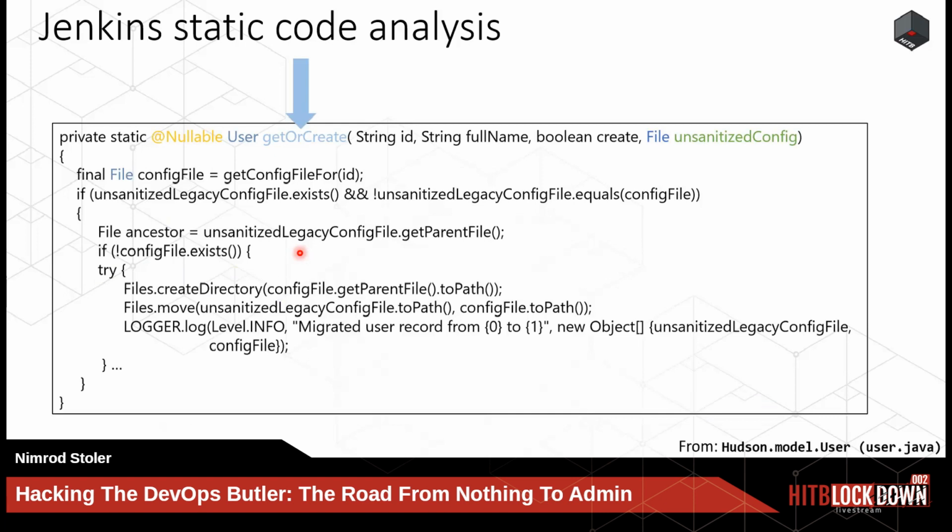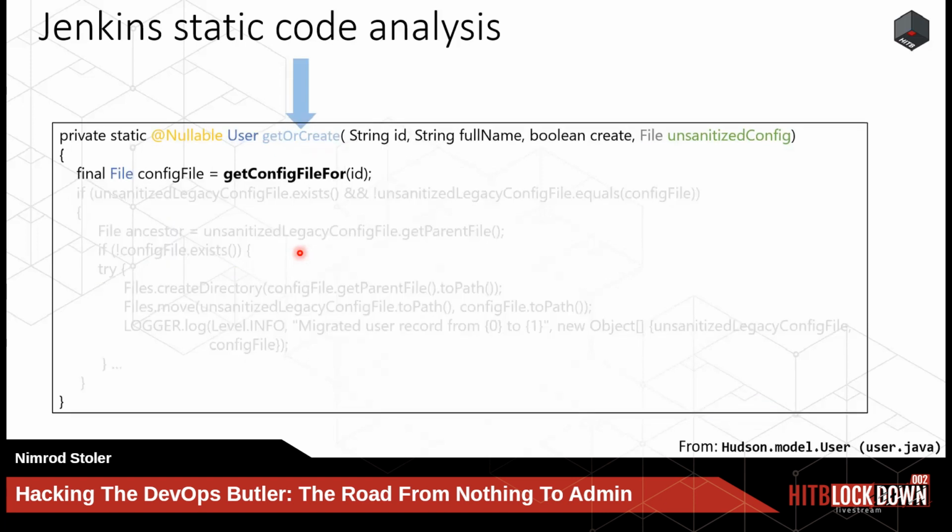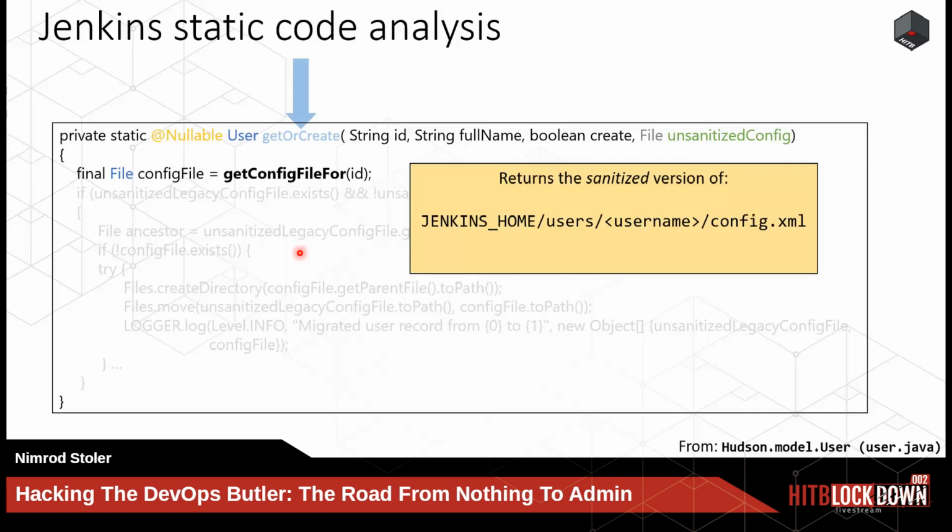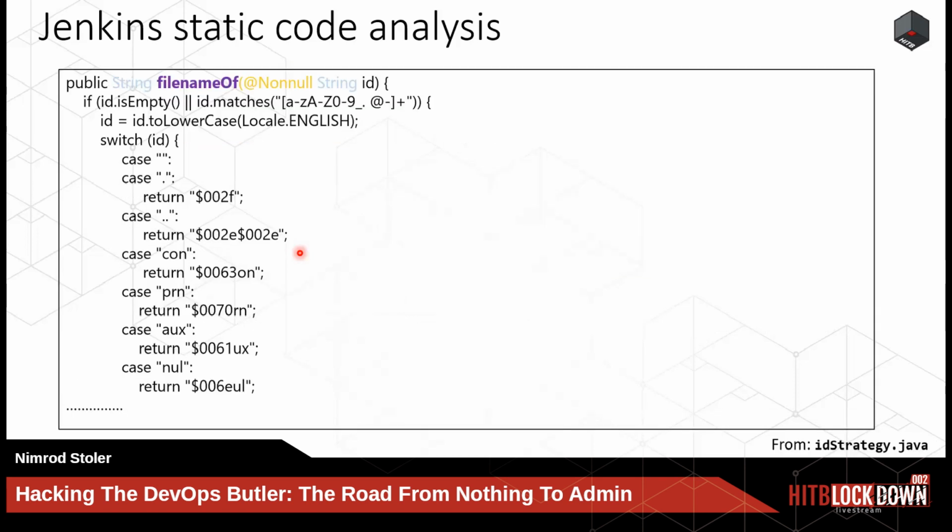Let's have a look at our get or create. So here we are getting config file now for the ID. The ID is the username. This would return the sanitized version of our username. Again, it would be Jenkins home users sanitized username config XML. Let's have a look at what this sanitization is.